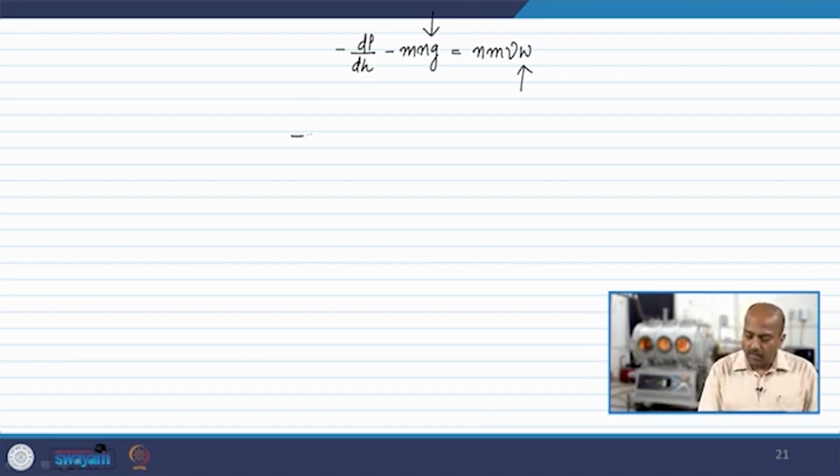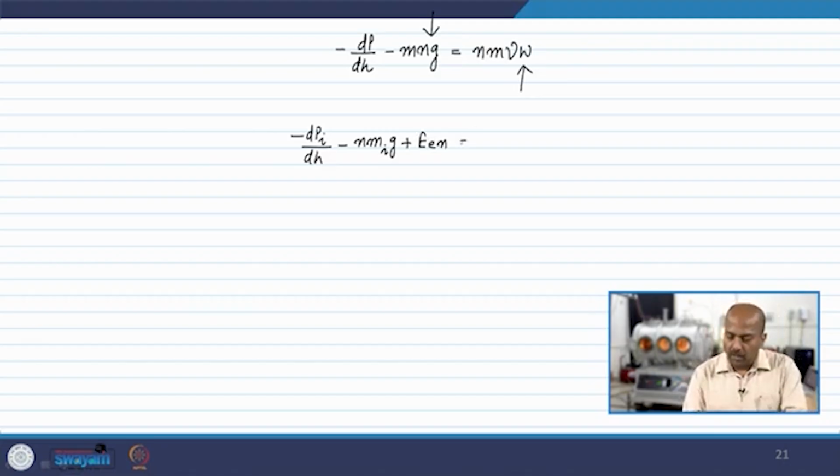So, I will write minus dpi by dh minus n mi g plus e E n is equal to n w mi gamma i. So, this is for ions. Let us call this equation number 1 and this equation number 2.